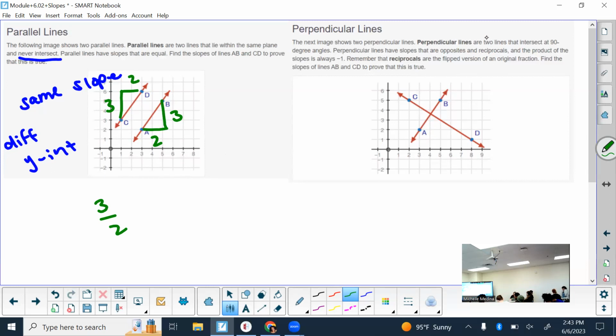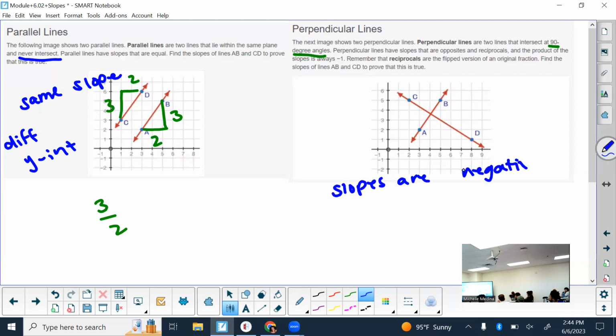Perpendicular. We talked about that quite a bit too. So they create a 90-degree angle. And what do we know about their slopes? They are negative reciprocals.